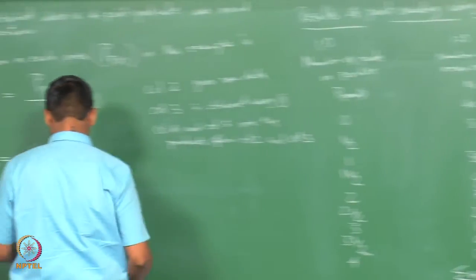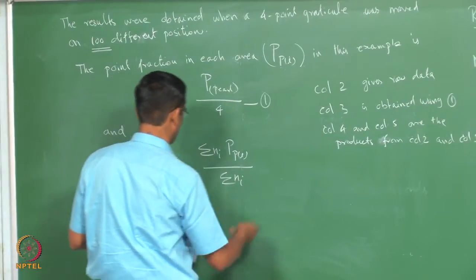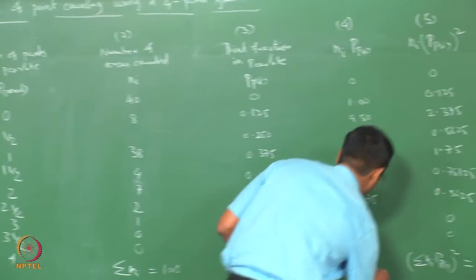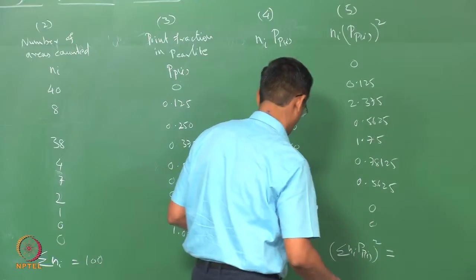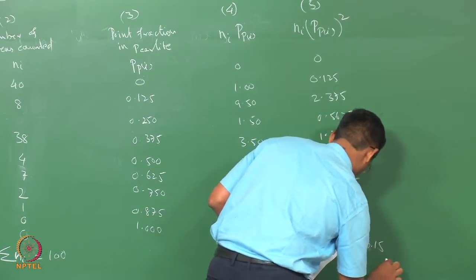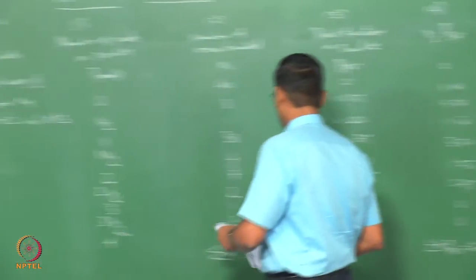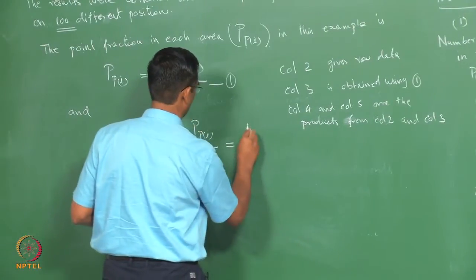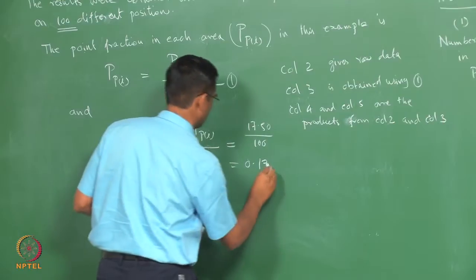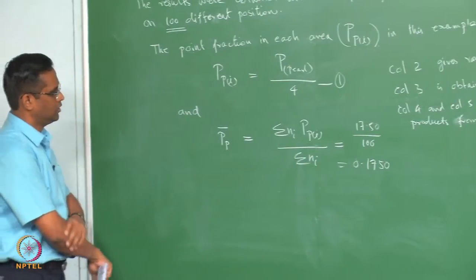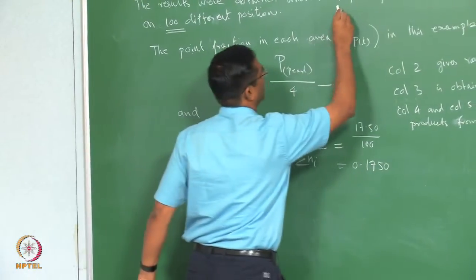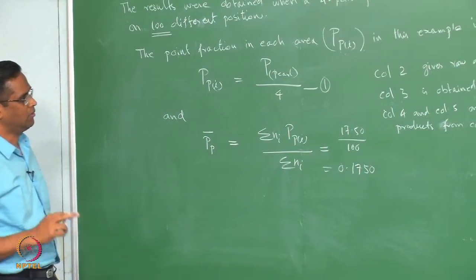So, what you will see here is, let us write here, the value is about 17.50, and here this is 6.15625, and if we substitute the same thing here, this is what you get as the average PP, that is the point fraction, if you use the 4-point graticule moved on different positions on the micrograph I have shown.